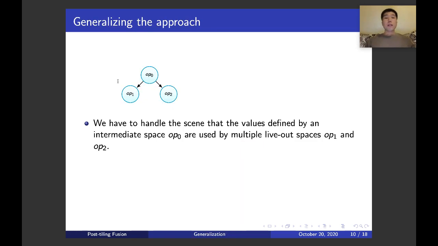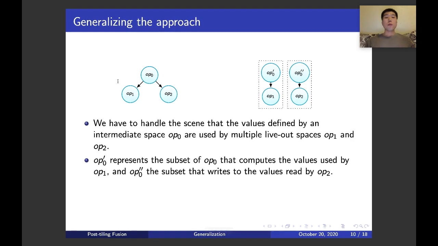To generalize the approach, we have to handle the case that an operation OP0 is used by both OP1 and OP2. We use OP0 prime to represent the subset of OP0 that was used by OP1 and OP0 double prime that used by OP2.